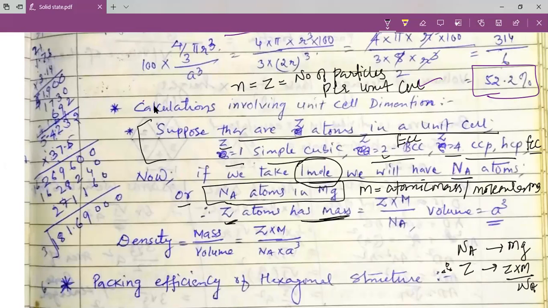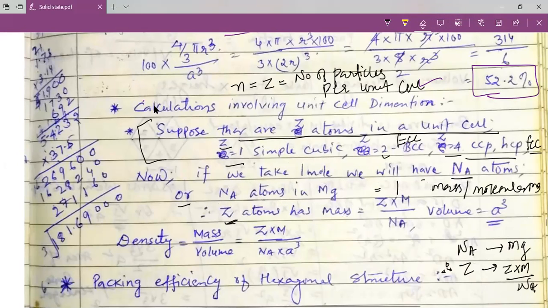So the mass of Z atoms is represented by Z multiplied by M divided by Na, where M is equal to the atomic mass or molecular mass of the substance, and the volume of the unit cell is equal to a cube.